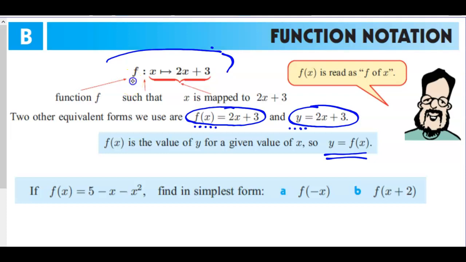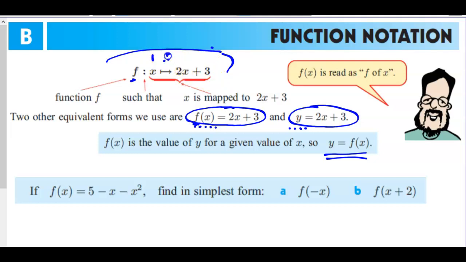It's still got a name, f, so that and that are the same. It's still saying, hey, we're going to have the values of x, and what those values are going to be mapped to or paired with comes from this expression. So if I plug in 1, I get 5.